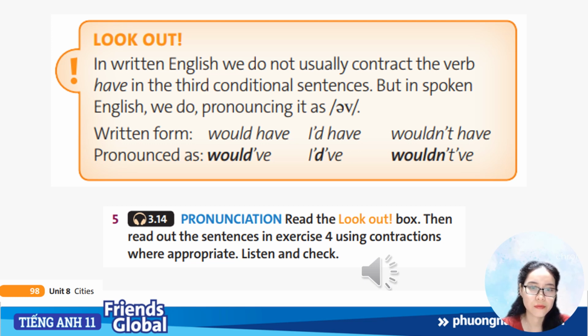Lesson 8B. Exercise 5. 1. Tom would have taken a taxi if he'd had some cash on him. 2. If I'd known it was your birthday, I'd have bought you a present. 3.